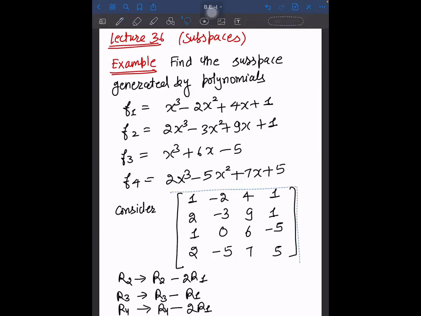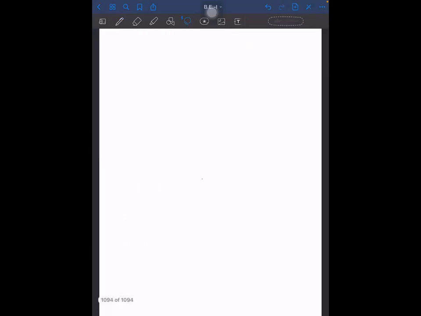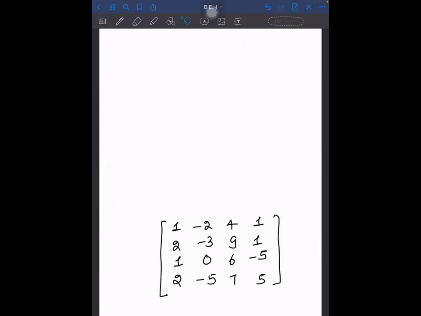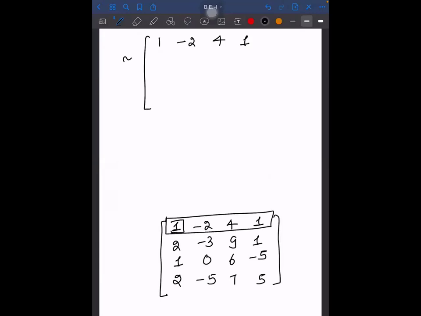Just for reference, I'll take this to the next page. So this will become 1, -2, 4, and 1. Multiply this row by 2 and then operate R2 minus 2 times R1.